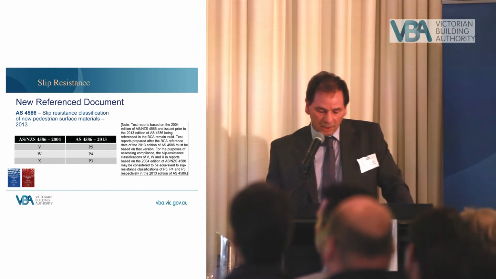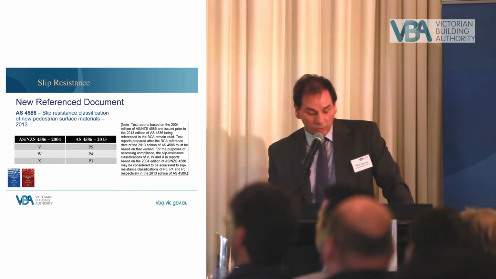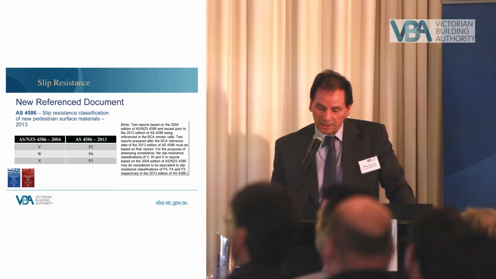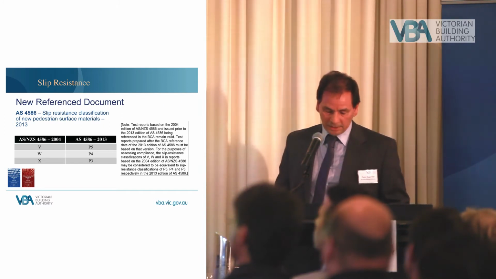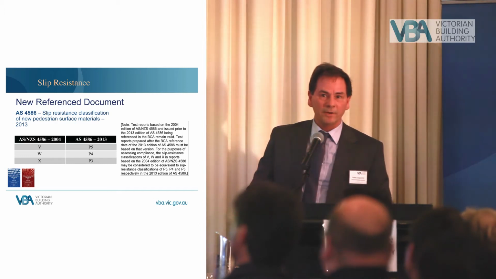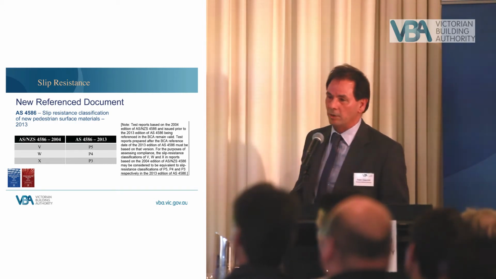This is explained in a note in the schedule of the reference documents, which also explains the classification of V, W and X in the reports based on the 2004 edition may be considered to be equivalent to slip resistance classifications P5, P4 and P3 respectively in the 2013 edition.